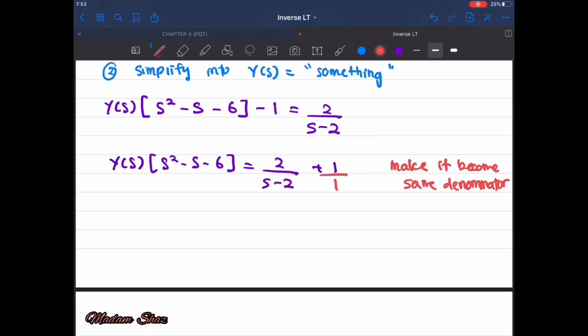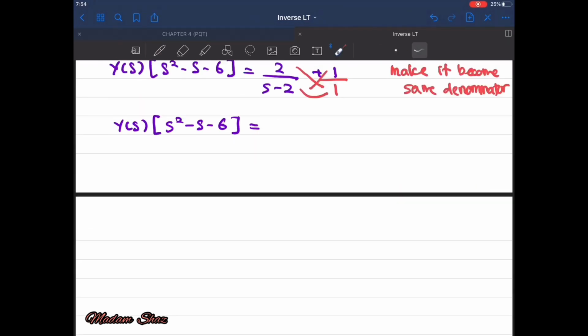So 1 is over 1, so we have to cross multiply. 2 multiply with 1 will become 2. S minus 2 multiply with 1 will become s minus 2. So plus s minus 2 divided by s minus 2 multiply with 1 will become s minus 2.